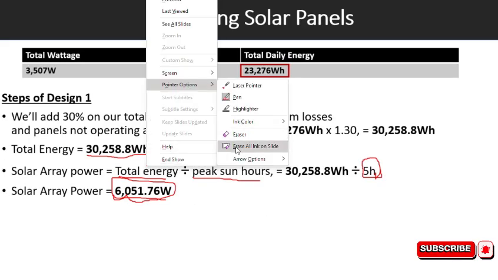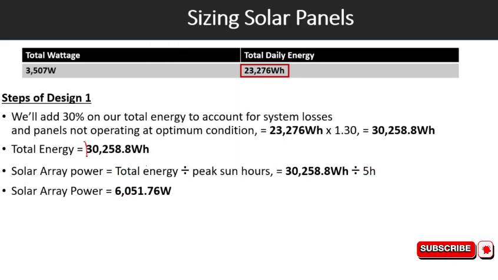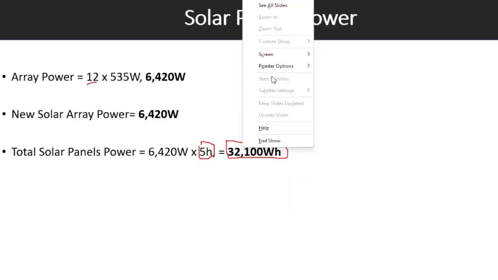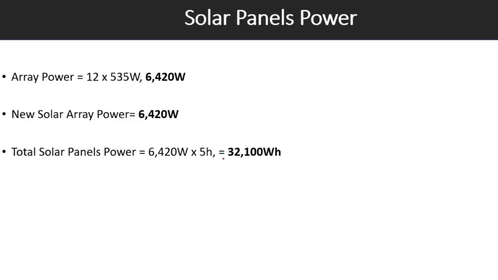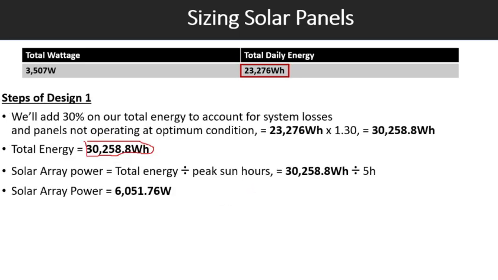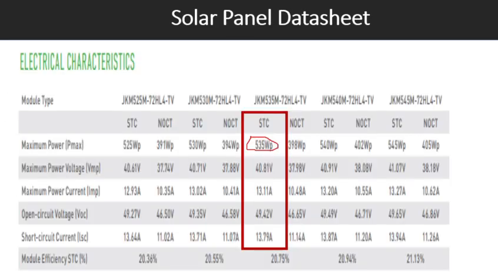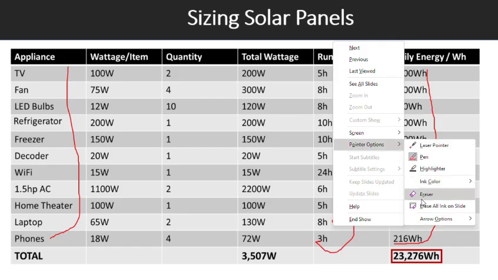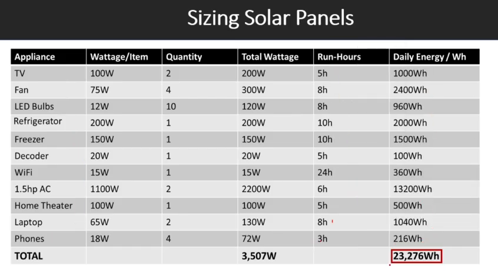You can see here, this is our total energy here, 30,258.8 watt hour. But right now, after sizing, our solar panels will be generating 32,100 watt hour, and this is the total energy that our loads are consuming in a day, 23,276.